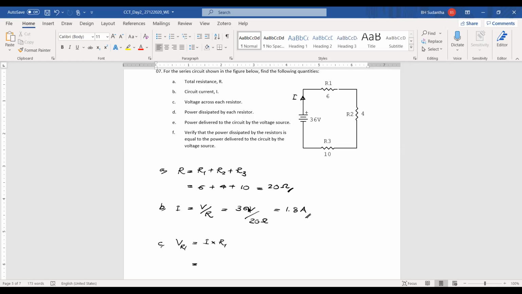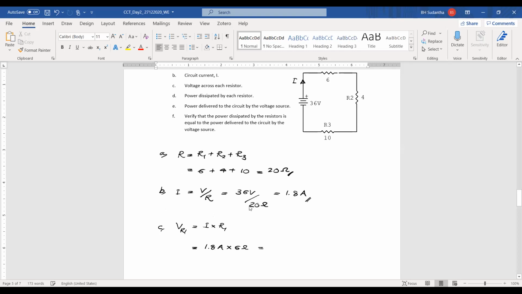I means here 1.8 ampere, R1 is 6 ohms. This is 10.8 volts.